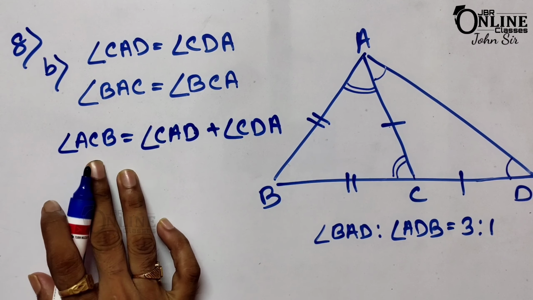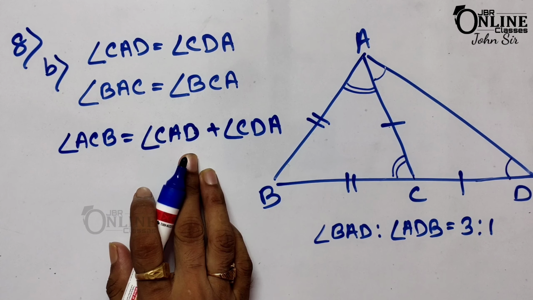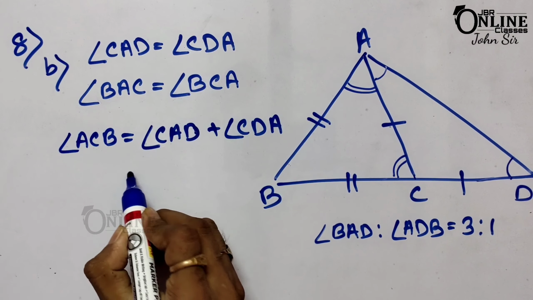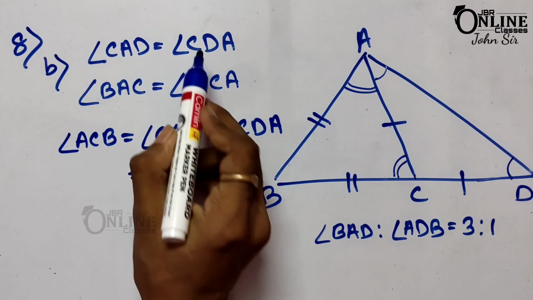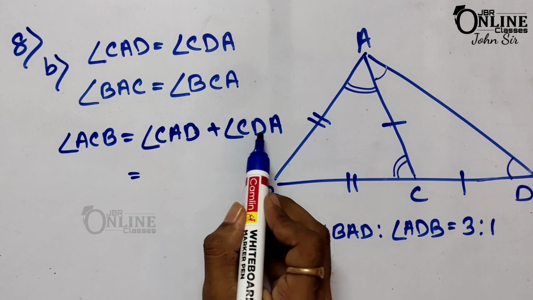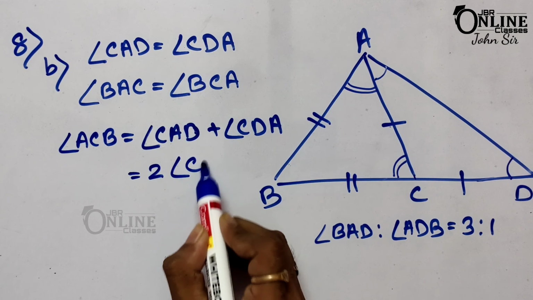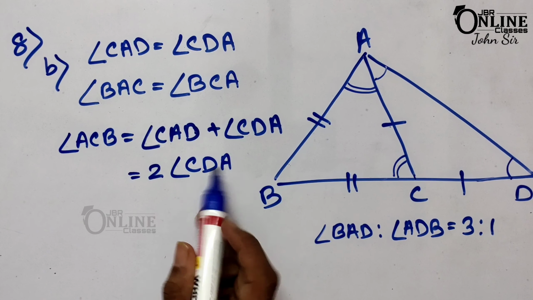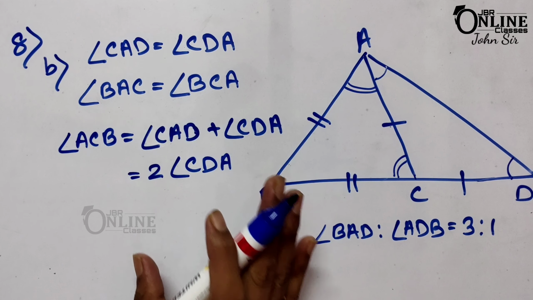Now as you know that CAD equals CDA, so CDA plus CDA equals 2 into angle CDA, or you can also write CDA as ADC, as you wish.